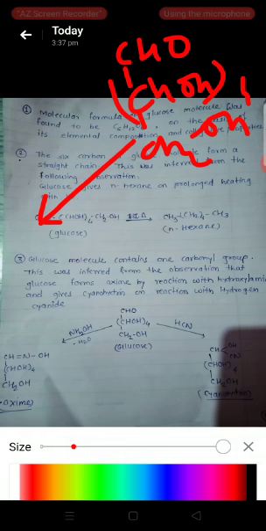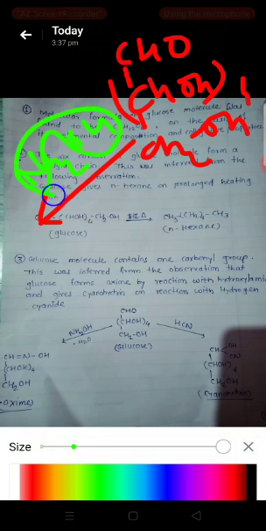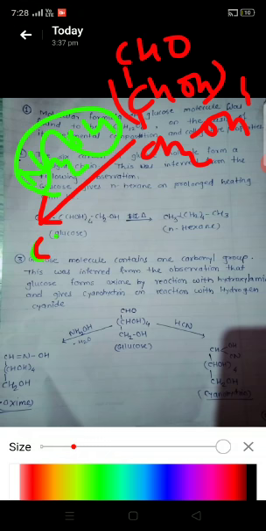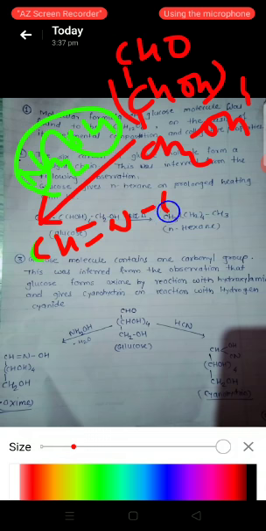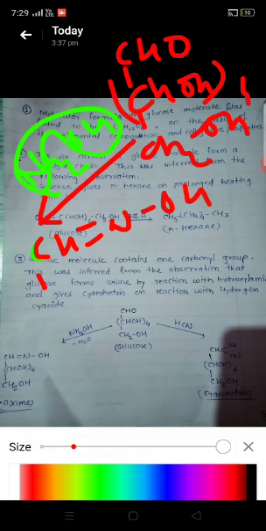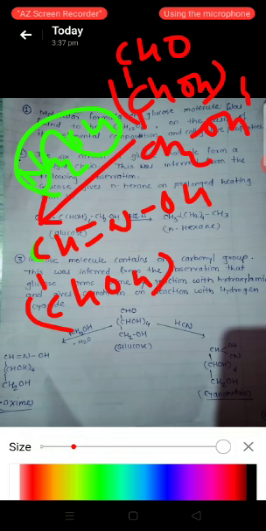When this glucose molecule reacts with hydroxylamine, that is NH2OH, it gives an oxime. See here, this oxygen is replaced by the NOH group, and the compound formed is CH double bond NOH, and the other structure remains as it is.